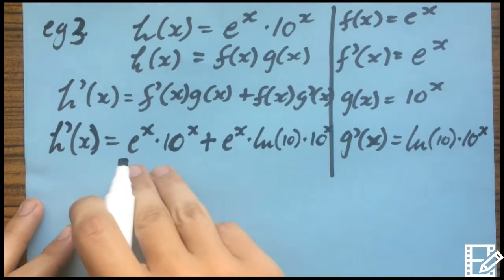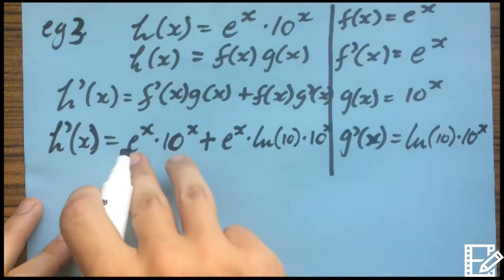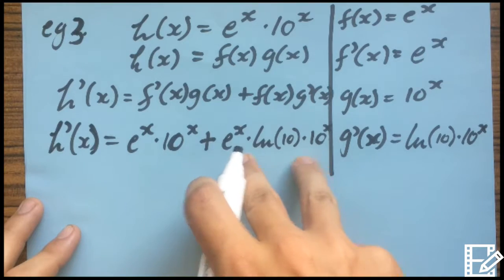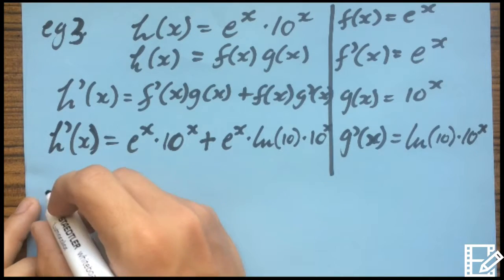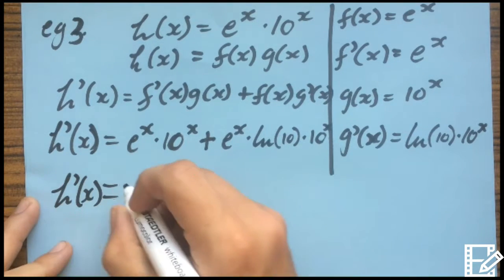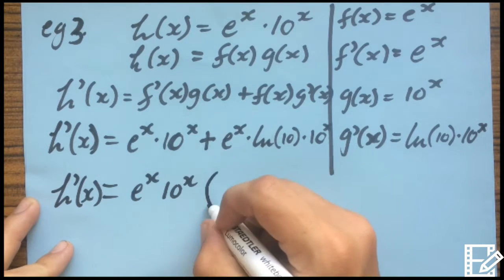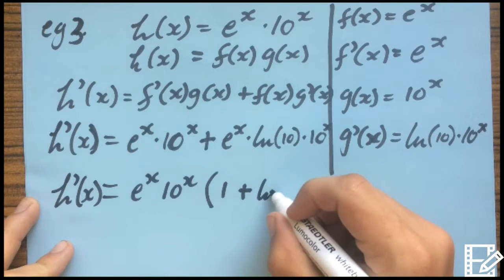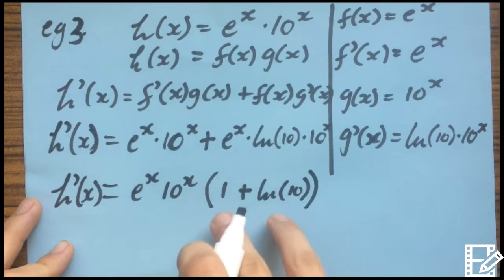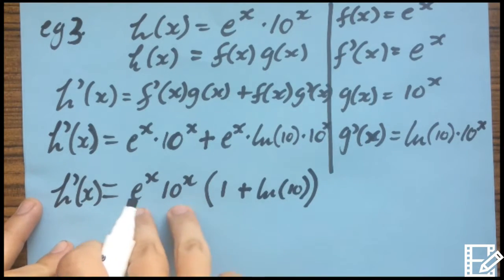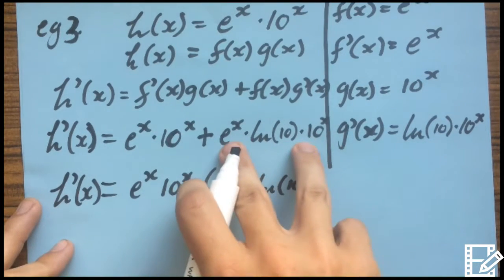Now, because we have both an e to the power of x and a 10 to the power of x on each side of the addition sign, we can factor that out. Essentially, if we expand these brackets, we'll get that. So if we multiply these two by 1, we get that.